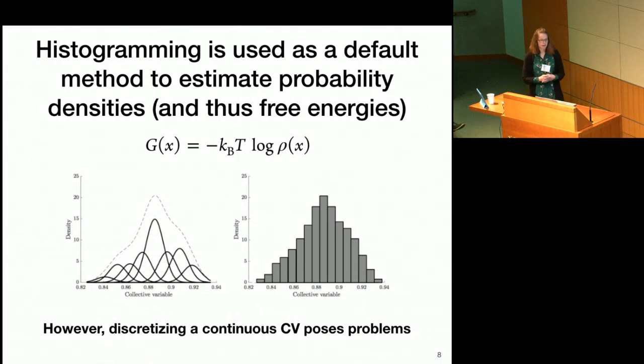More importantly, discretizing poses several problems because the final probability distribution will depend quite a lot on the size of the bin that you use. If you have too many small bins, you end up with a lot of empty bins. And also, to some extent, the offset and the place where you set the grid can pose problems.